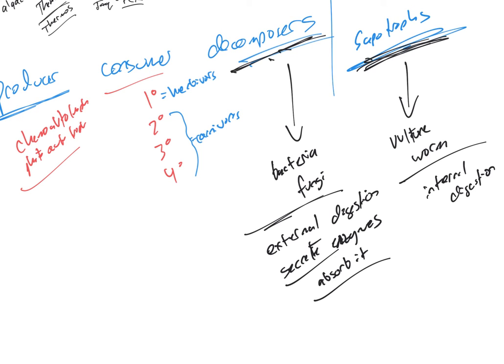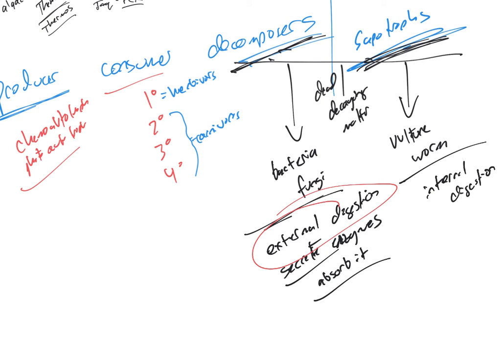Both decomposers and saprotrophs eat dead, decaying matter. So they both do that. The difference is the decomposers are external digesters. They secrete enzymes and then they absorb the nutrients and then they assimilate it.